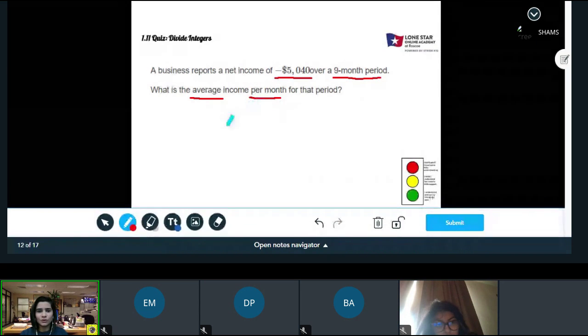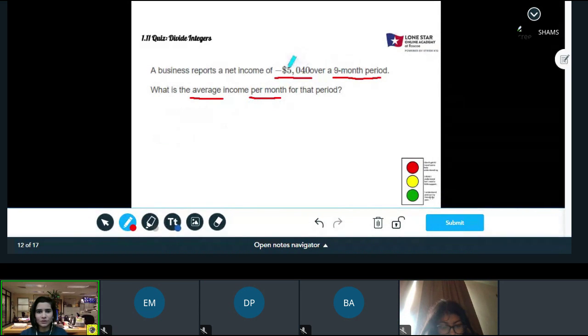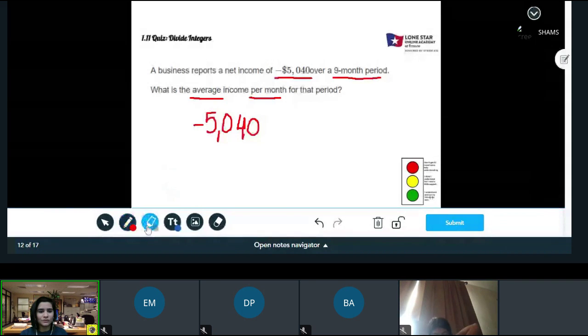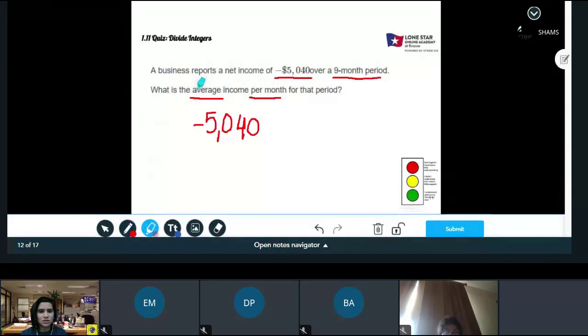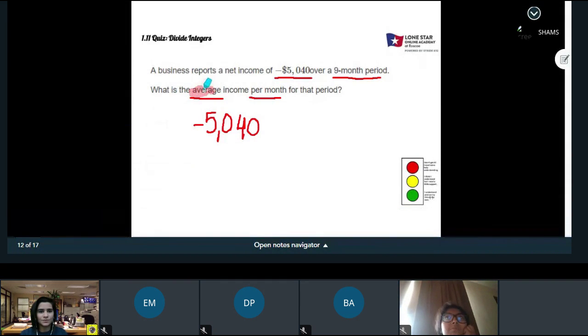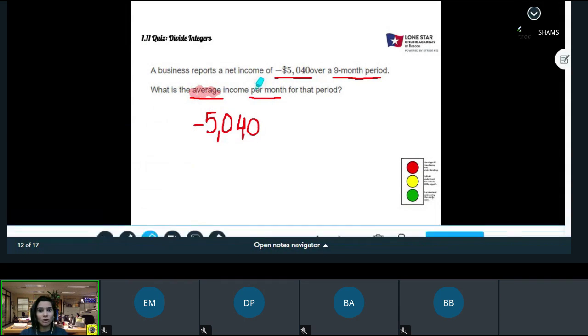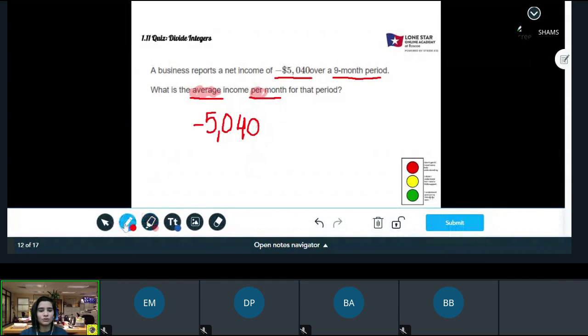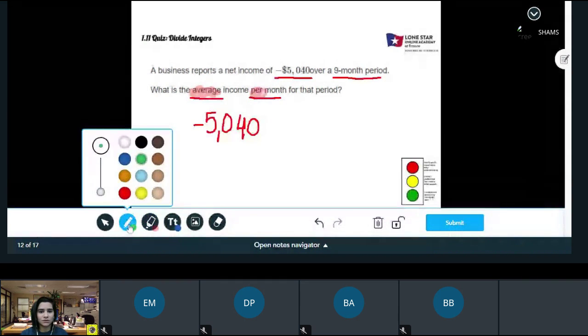So I know for 9 months the loss has been 5,040. This loss happened over a time of 9 months, 5,040, right? And if I want to find average, and see it also says per month. These are two keywords that tell me I want to find for 1 month.